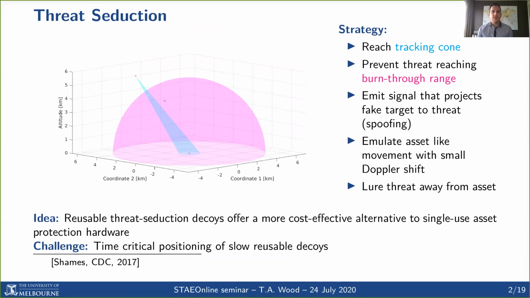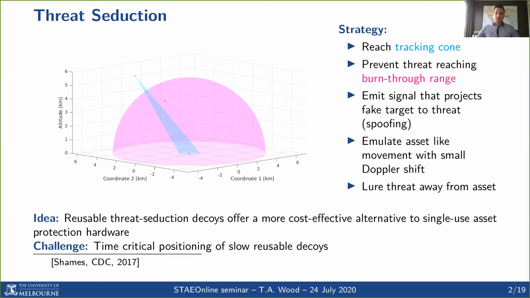The challenge is that this kind of hardware is much slower, and then the control problem becomes time critical, as the decoy has to reach a certain position within a tight time frame so it can protect the asset.